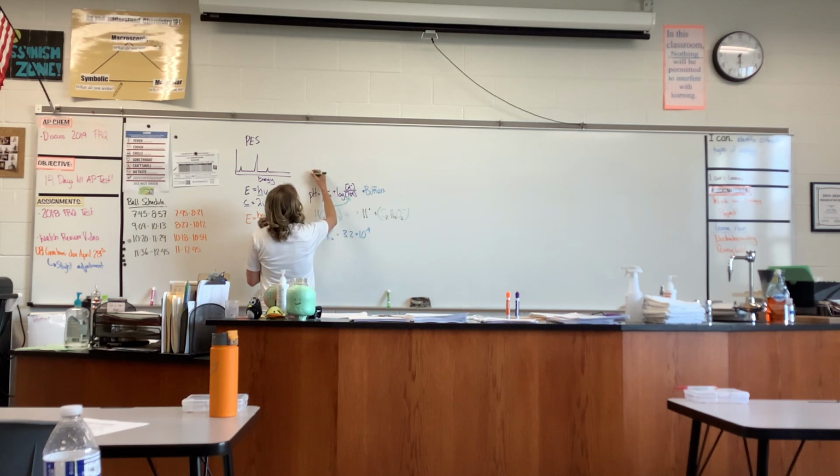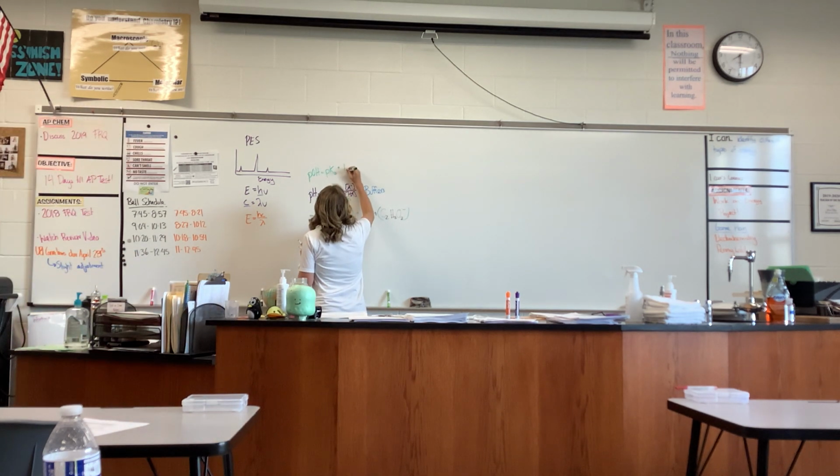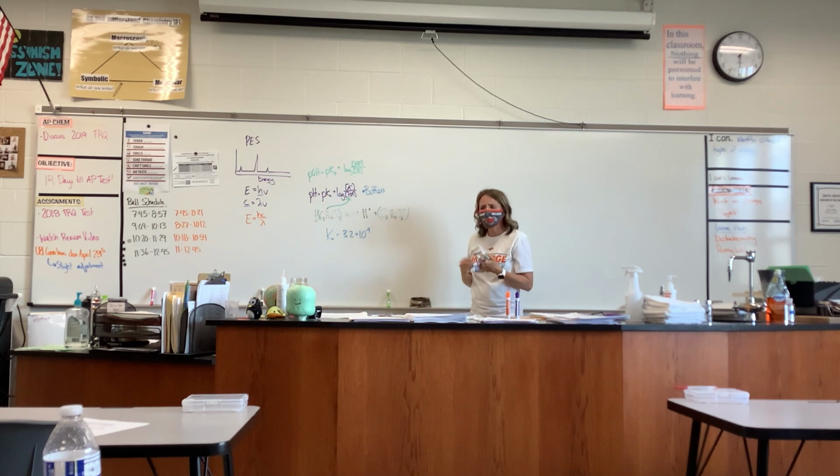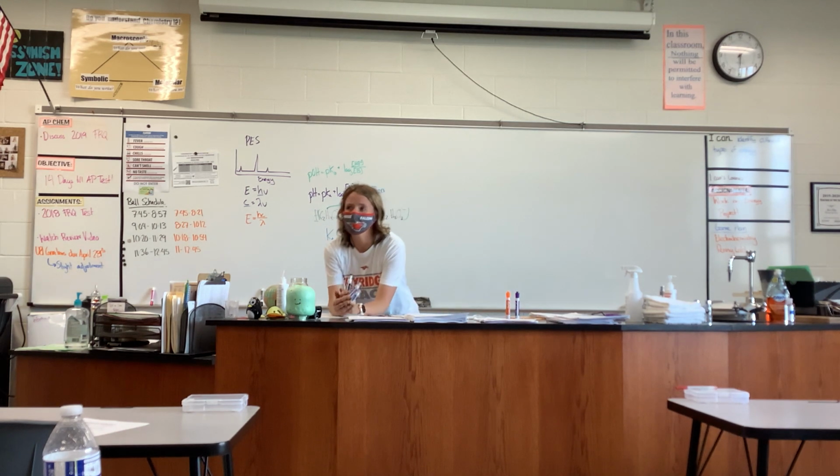So it is pOH equals pKb plus the log of the conjugate acid over the base. So there is one for a base buffer system, but I don't know if I've ever seen it on a test.